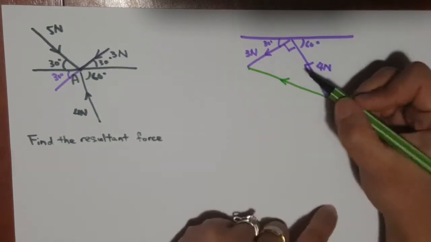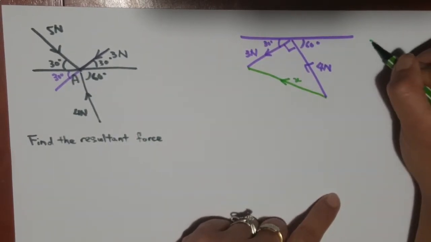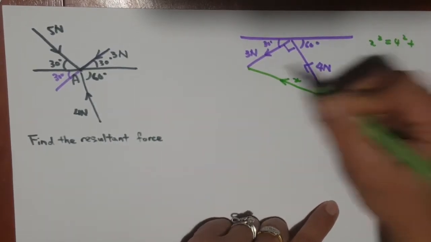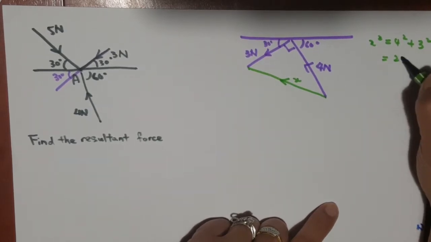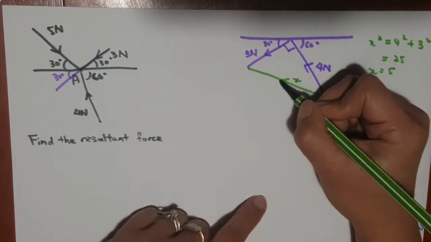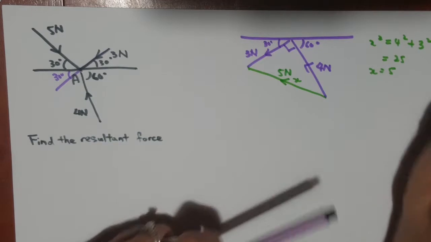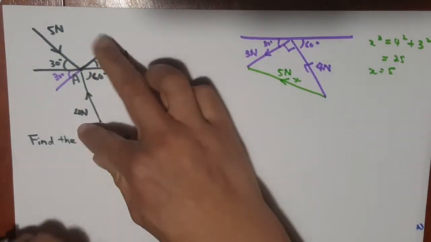If this is x, x squared equals one side squared plus the other side squared, I will get 25. Therefore, x equals 5. So the resultant vector is 5 Newton.